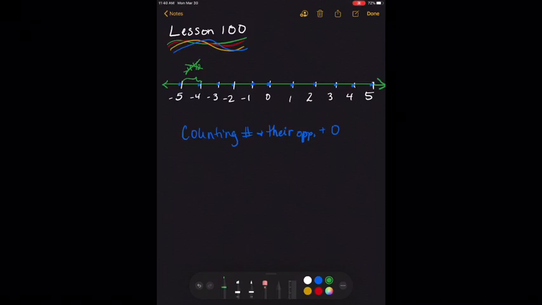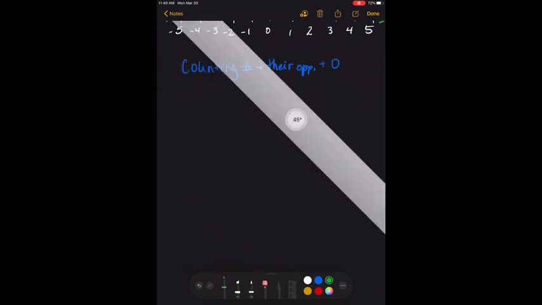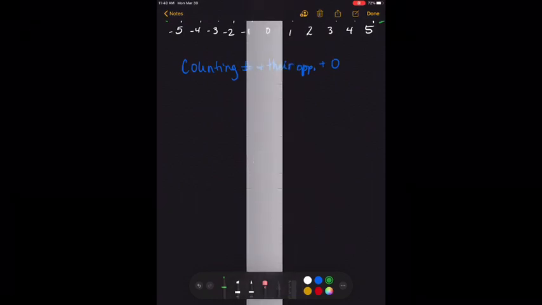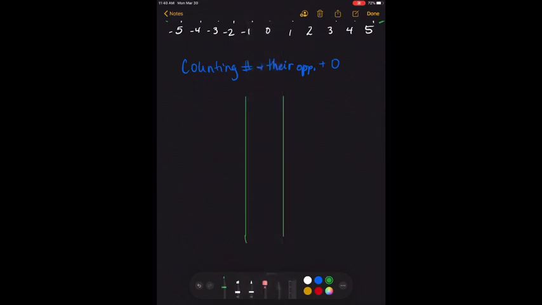All right, so now imagine that the temperature is 0 degrees. So let's draw ourselves a little thermometer. Okay, and let's imagine that the temperature is 0 degrees.